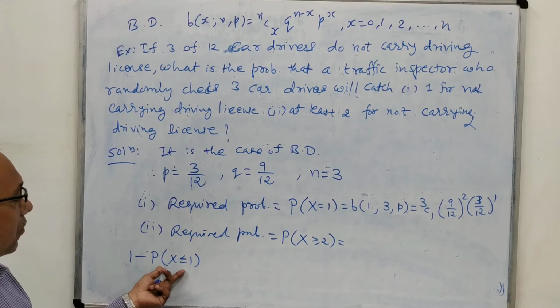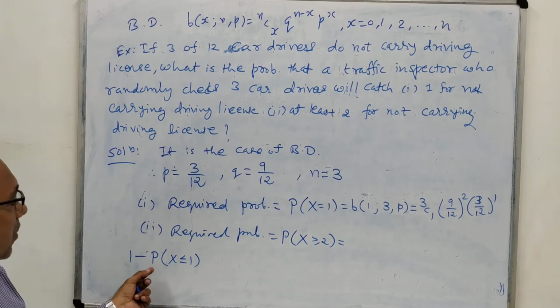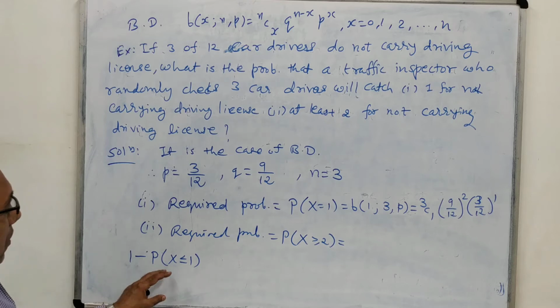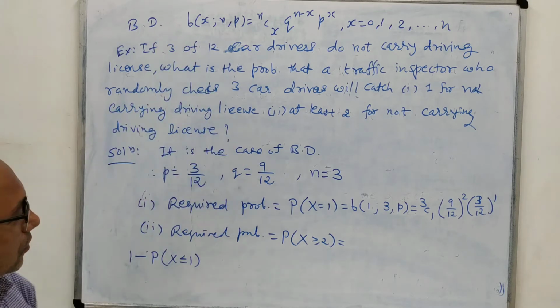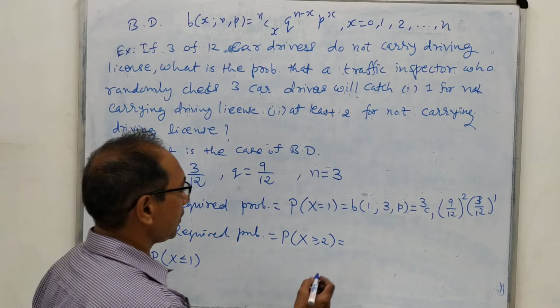But it will also involve two different probabilities because it is starting from x equal to 0. So for x equal to 0 and x equal to 1, the same time it will take.